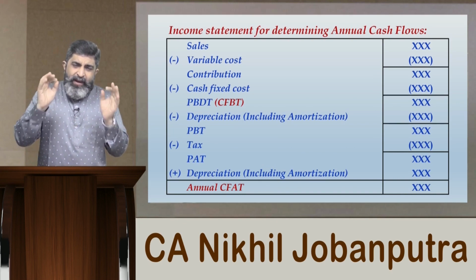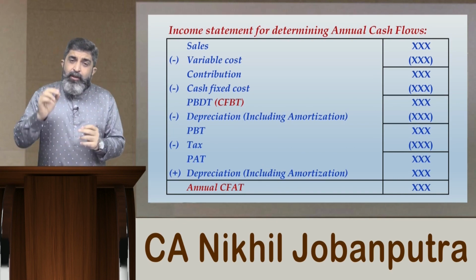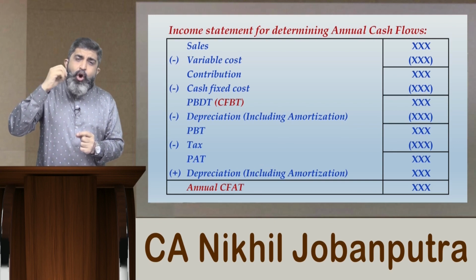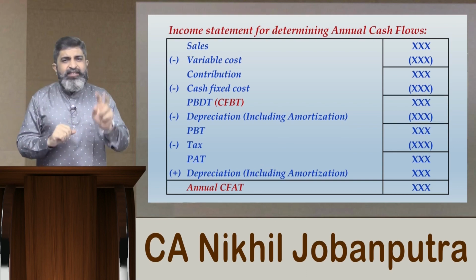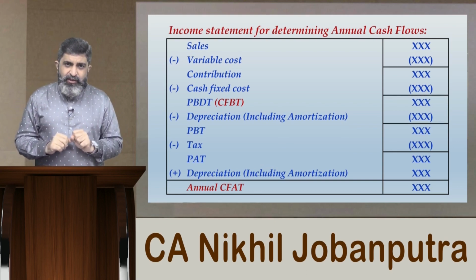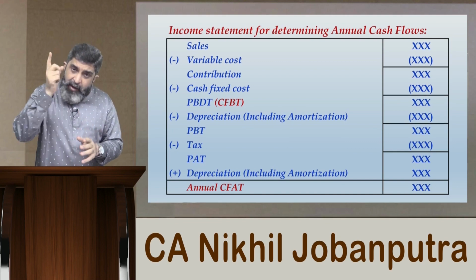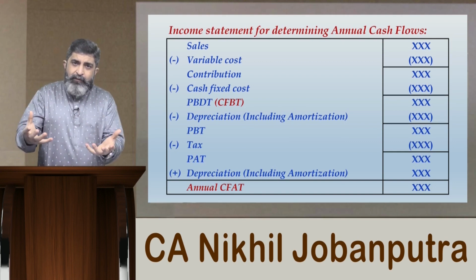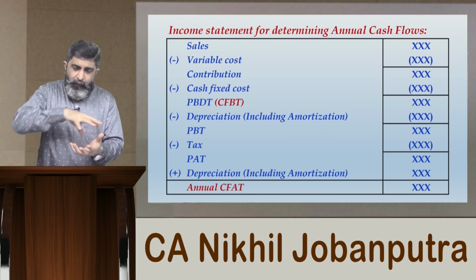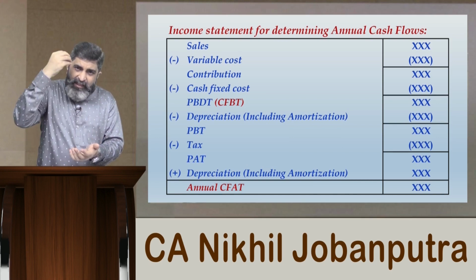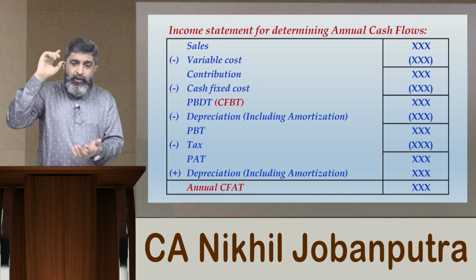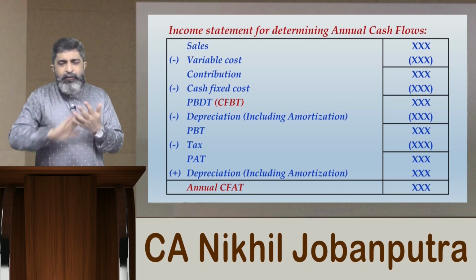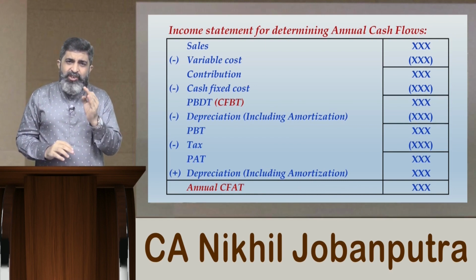Once you arrive at contribution, we have to first subtract all the fixed cost except depreciation and amortization. All the fixed cost including interest. Suppose I have borrowed money for funding my business, so even the interest cost will be subtracted. So I am going to subtract all the fixed cost except depreciation and amortization.